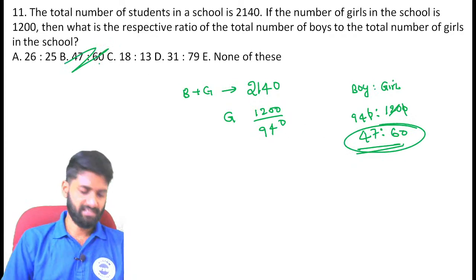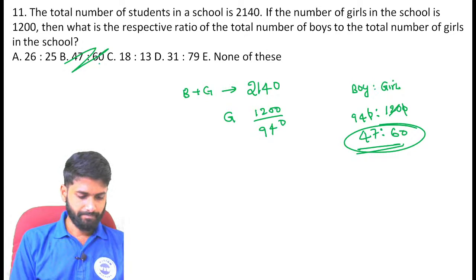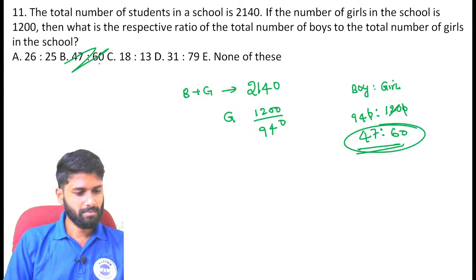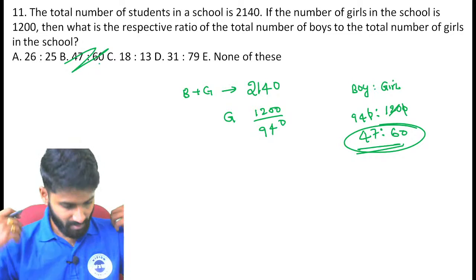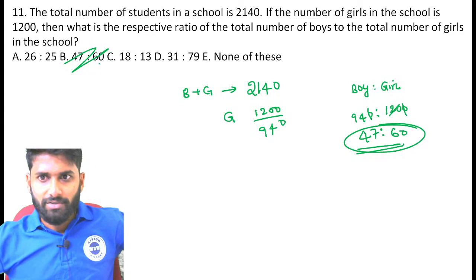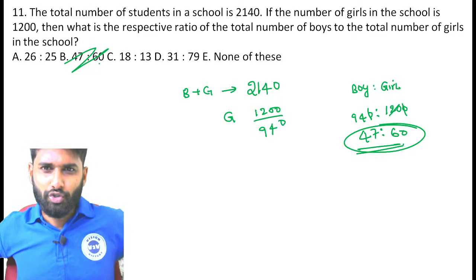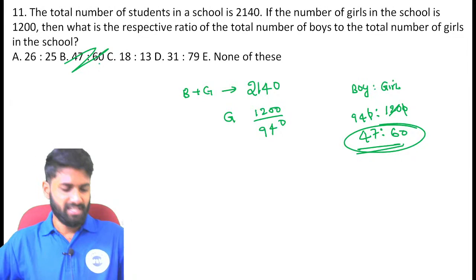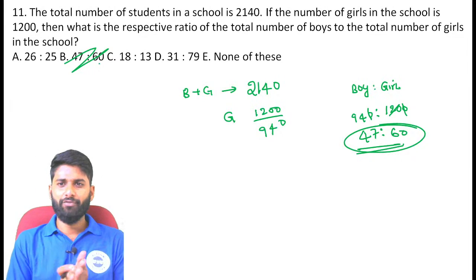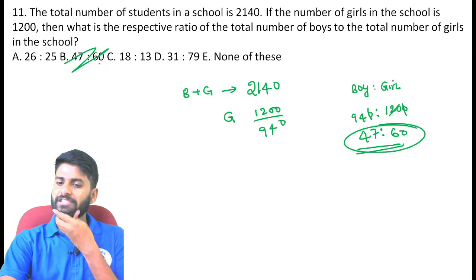Sorry, B is the correct answer. We are just taking the subtracted part. Sure guys, it's 940. So 2140 minus 1200, the result becomes 940. And 940 is to 1200, the ratio becomes 47 is to 60.